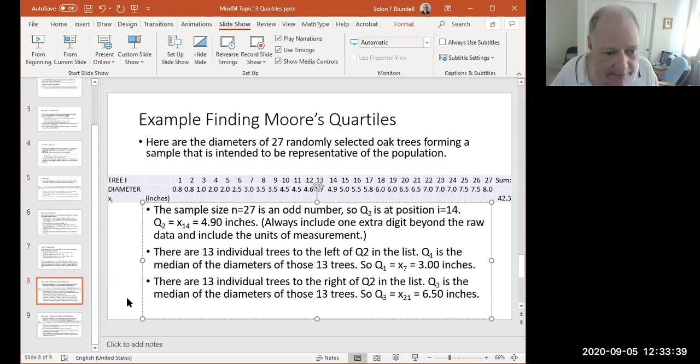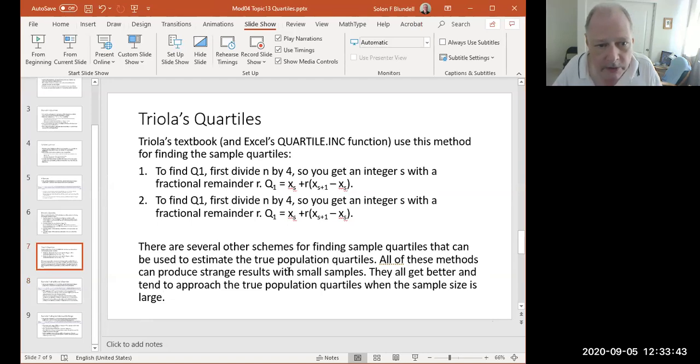And then for Triola's quartiles, it's a little complicated. There's a function in Excel that does this. I'll do another video at some point about getting sample statistics using Excel. I'll show you how to use this function. But what it does is you divide the sample size by 4.